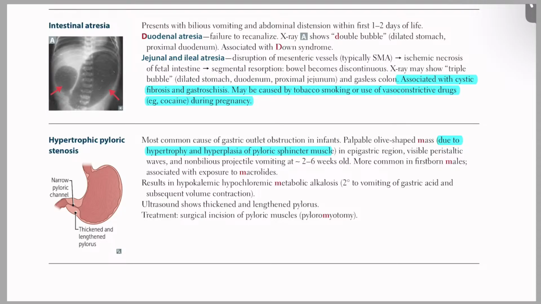Results in hypokalemic, hypochloremic metabolic alkalosis, secondary to vomiting of gastric acid and subsequent volume contraction. Ultrasound shows thickened and lengthened pylorus. Treatment: surgical incision of pyloric muscle, pyloromyotomy. Okay.